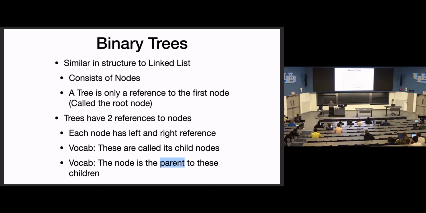There's all kinds of terminology if you get deep into trees. Child and parent will be the two vocab words that I'll use throughout the lectures as we talk about trees. So instead of next, those are child nodes, two child nodes instead of one next node like a linked list. And if you refer back, that's referring to the parent node of that node.